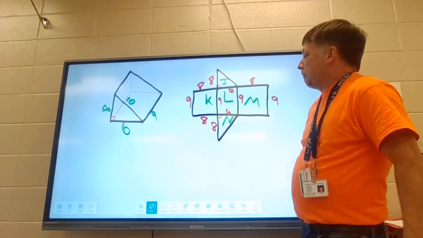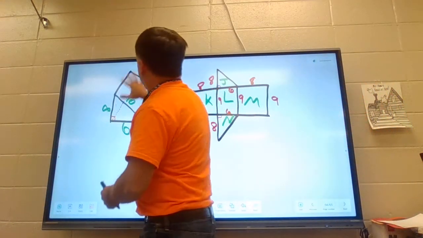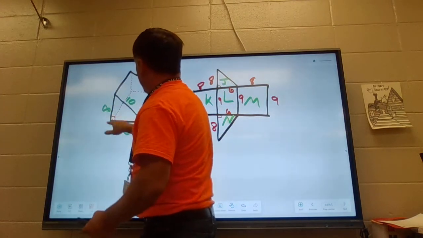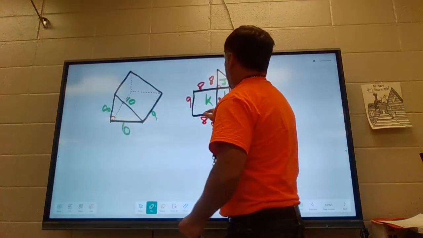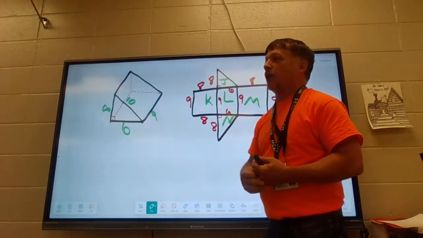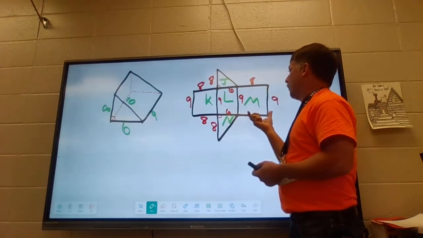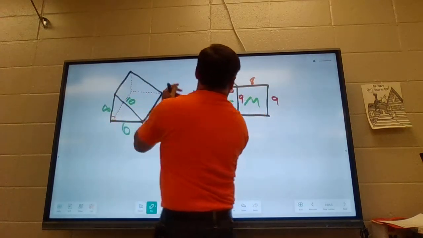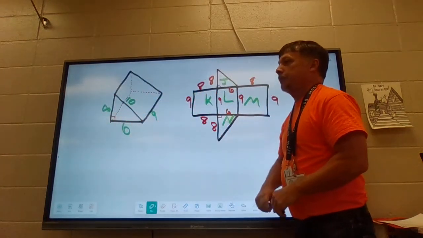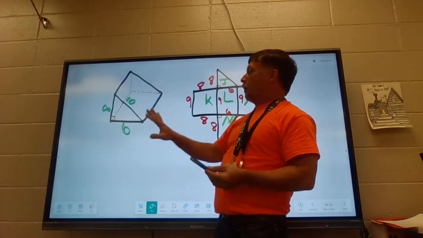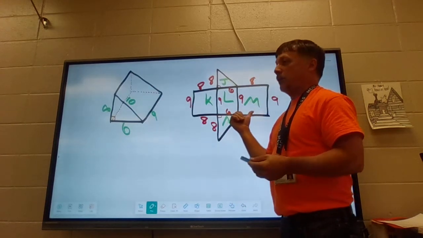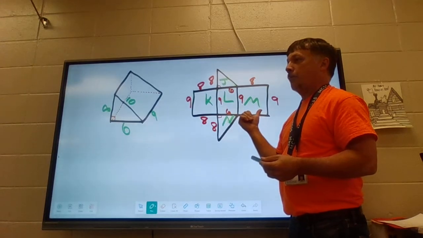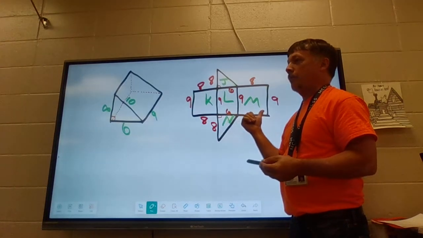Okay, now we're talking about this rectangle right here that unfolds. This 8 has something to do with this triangle and the height of that rectangle. So what's the length of this rectangle M once it's unfolded out? Is there any information over here that tells us what this is? Is it 10?